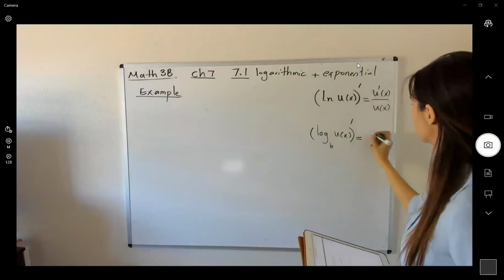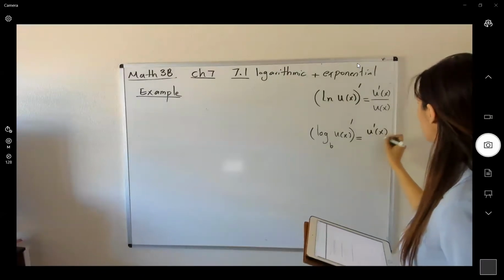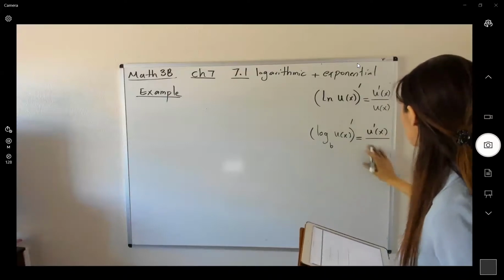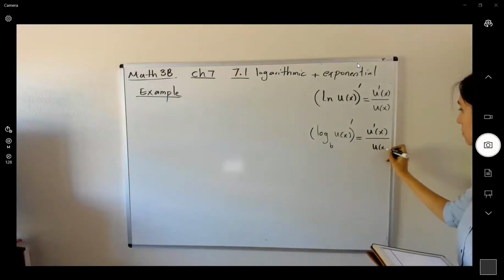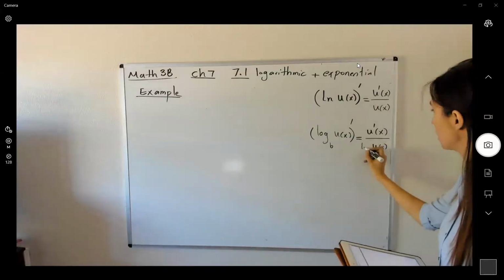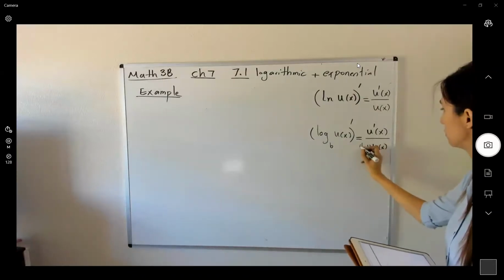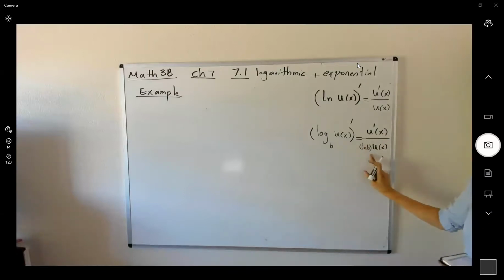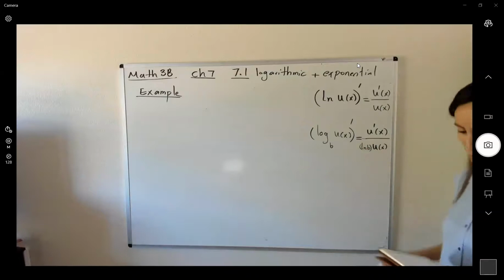This is equal to u prime of x divided by u of x, and here you have ln of b. So you need to add a new concept, a new number, ln of b, on the denominator.